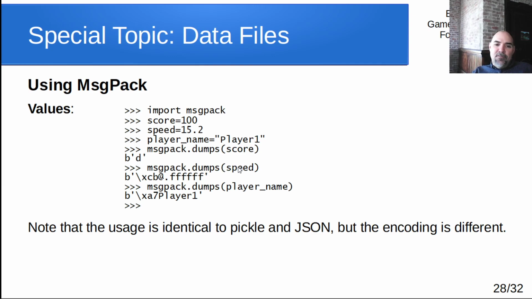And notice down here for this speed, 15.2, we just get a few bytes here, much smaller than that giant bunch of stuff that we were getting with Pickle. About the same as what we get with JSON for that number. And then for the string, very small amount of stuff. So notice that the usage of MsgPack works like Pickle, works like JSON, but the encoding method is different.